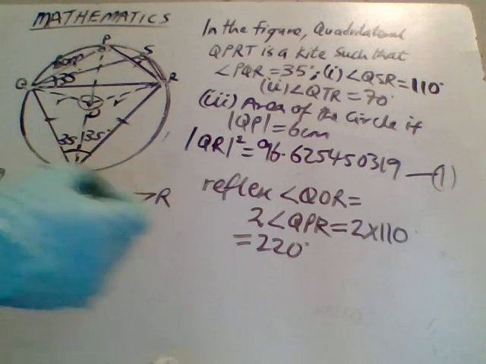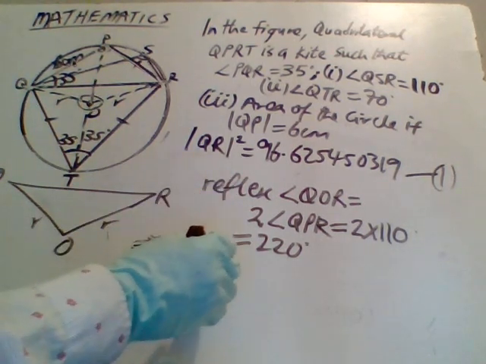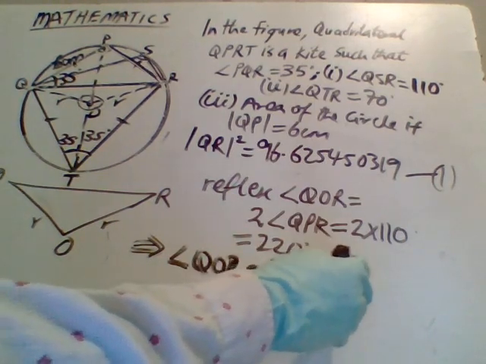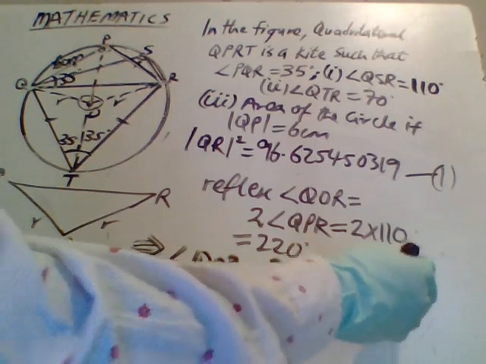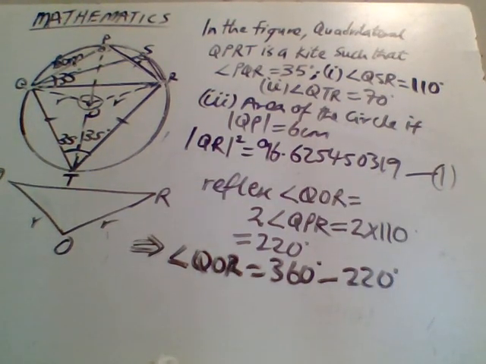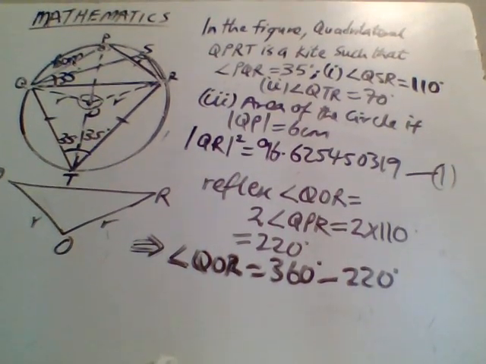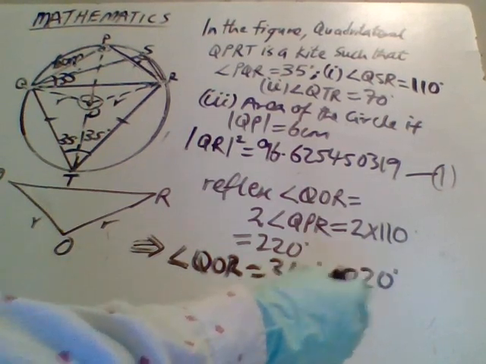So to get angle, this implies that angle, not reflex angle QOR, is equals to 360, because sum of angles at a point is 360, minus 220. So subtract it. When you do subtract it, you have this angle to be 240 degree.